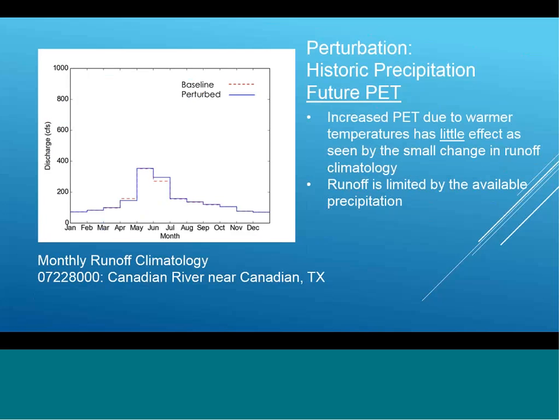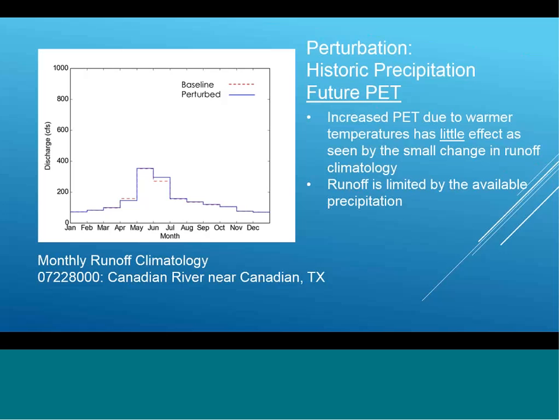Basically, what that's telling us is that runoff is limited by the available precipitation, and you can't get drier than dry, as I am fond of saying. In these types of watersheds in this particular area, there's plenty of potential evapotranspiration, or PET, but not plenty of precipitation. And so whether you get runoff or not largely depends on the availability of precipitation.